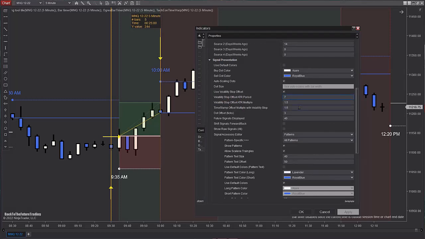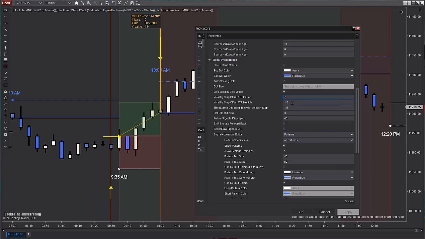These are standard settings because I don't want the responsibility, just like I was saying earlier, and the standard settings work fine. So the software is going to look at the past 7 bars after the signal, 1, 2, 3, 4, 5, 6, 7. Then it's going to take the average of those 7 bars and multiply it by 1.5.